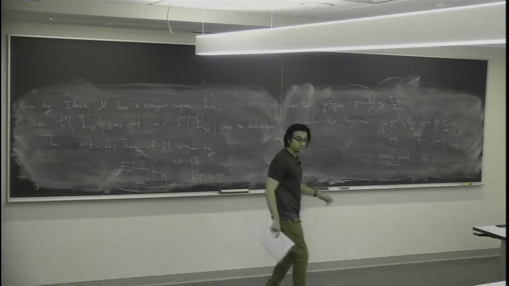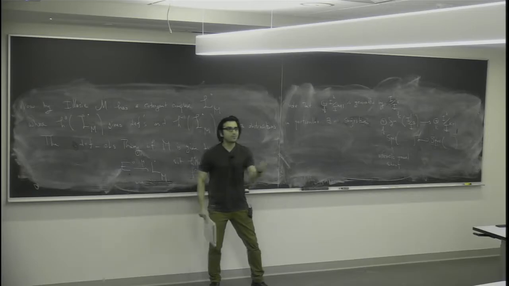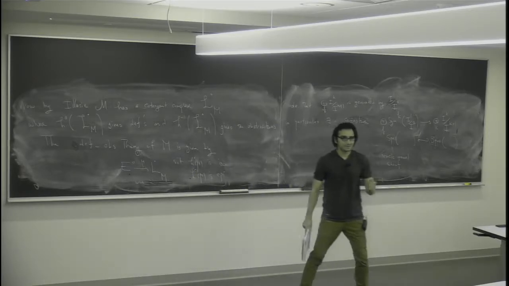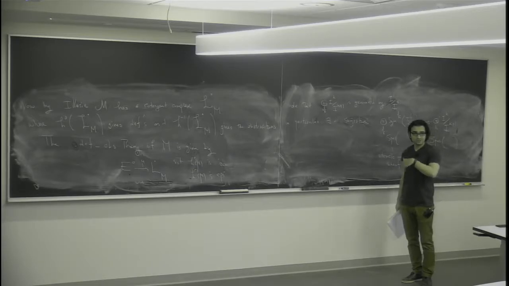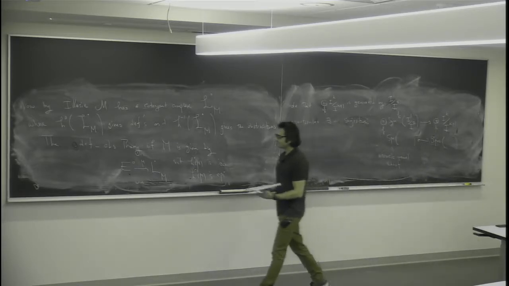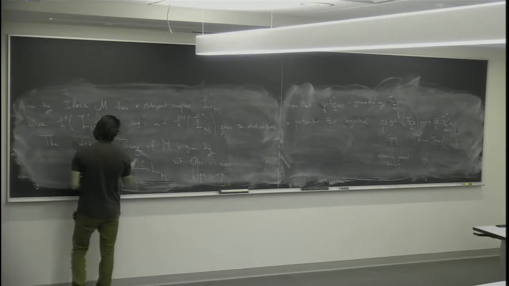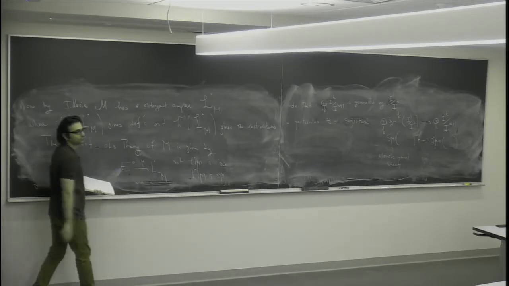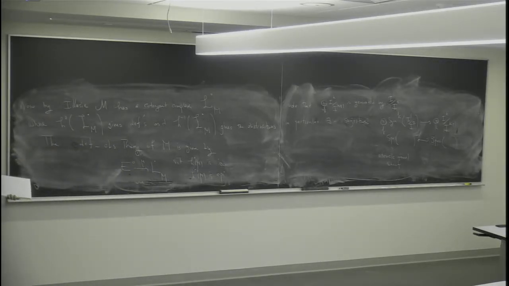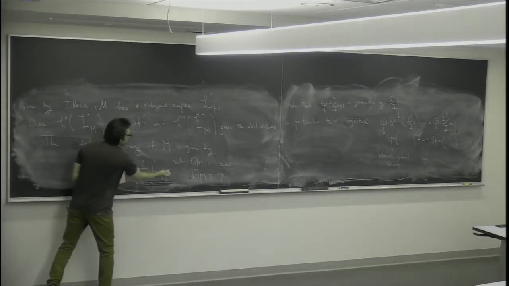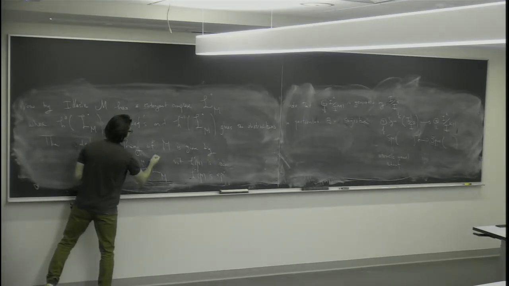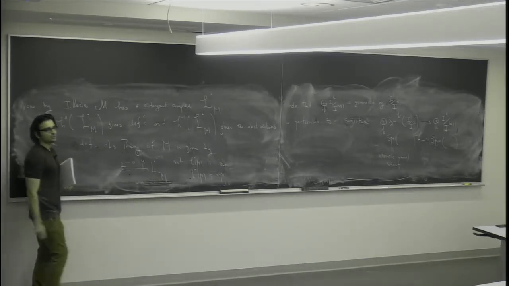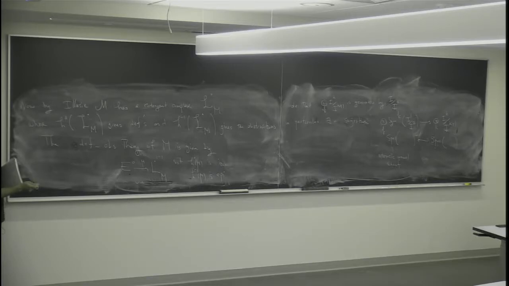And another virtual class. If E dot is a complex, remember that I kind of confused you a little bit by saying that this is always perfect of two-term. It might not be, but we can always cook up a perfect two-term complex out of this.